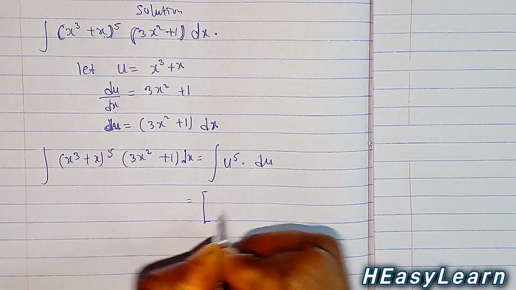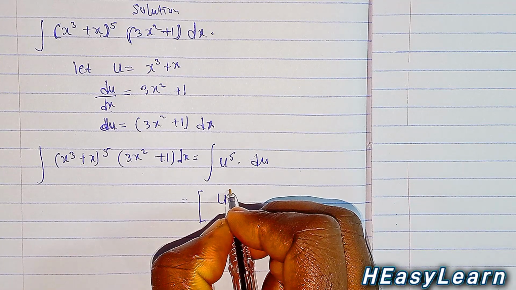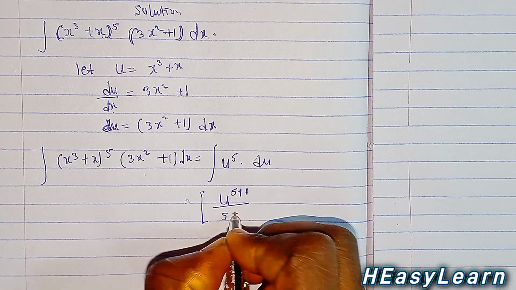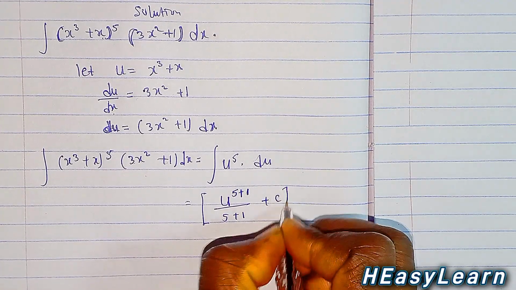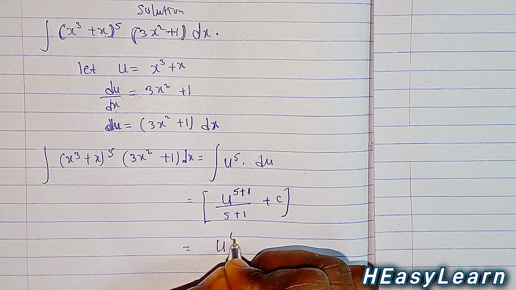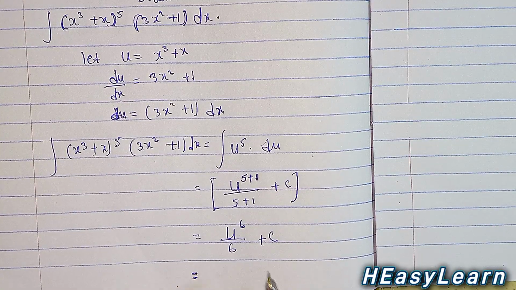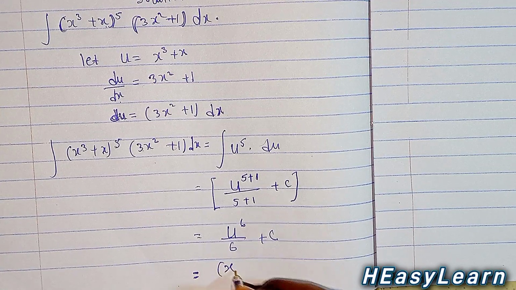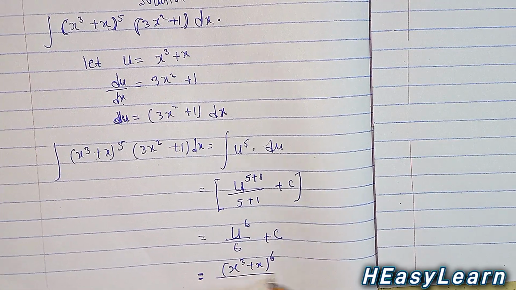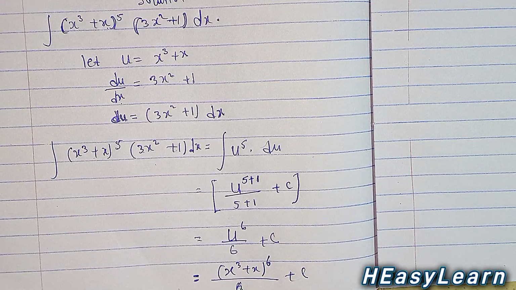So the integral of this function, you can now use direct integration. Add 1 to the power over the new power plus the constant of integration. This is the same thing as u to the power of 6 divided by 6 plus c. From above, u is equal to x to the power of 3 plus x, to the power of 6 divided by 6, plus the constant of integration.